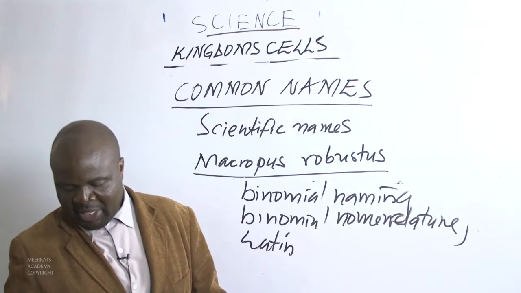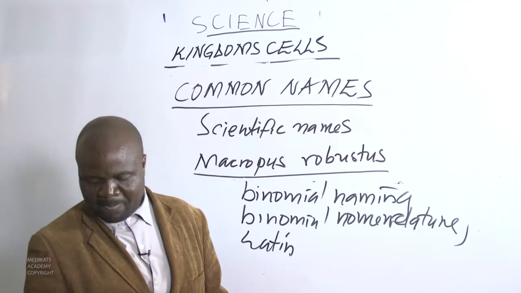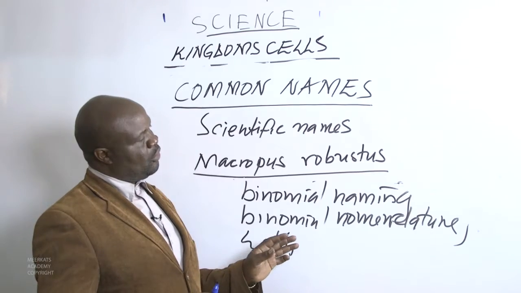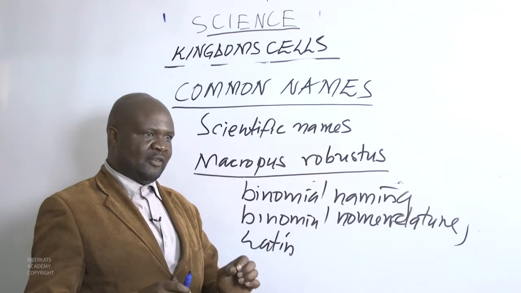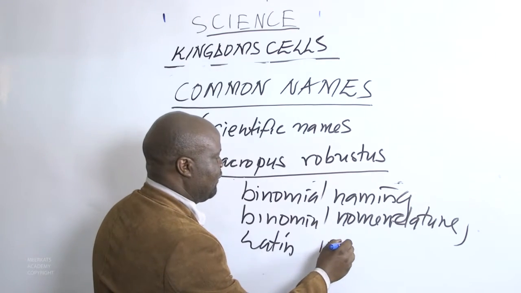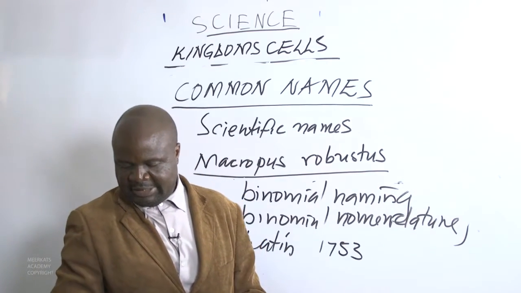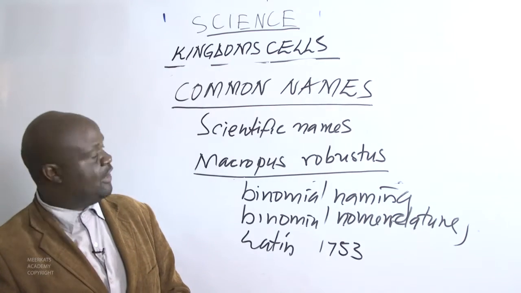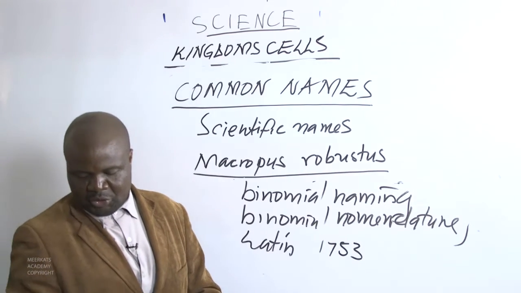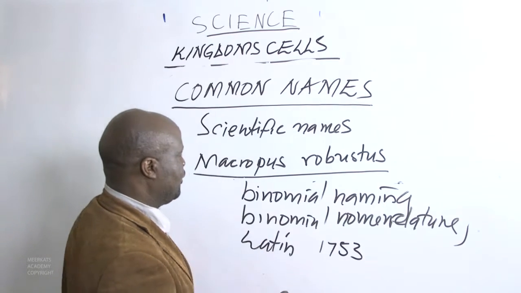This system has been used for giving names to plants since 1753. If it's a plant, you give it two names. In 1758, it was also used to give names to animals, so animals were also binomially identified.